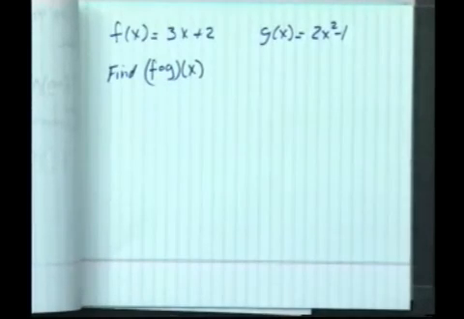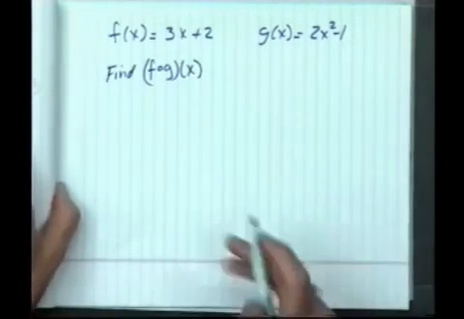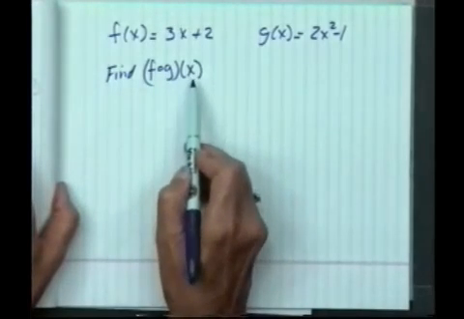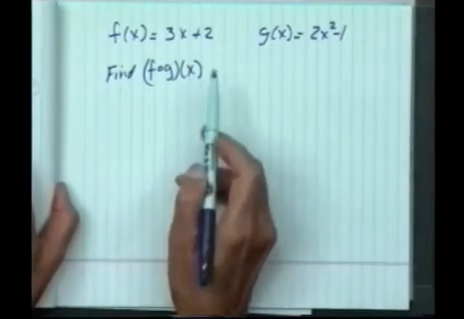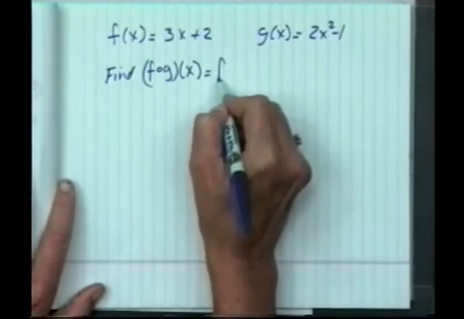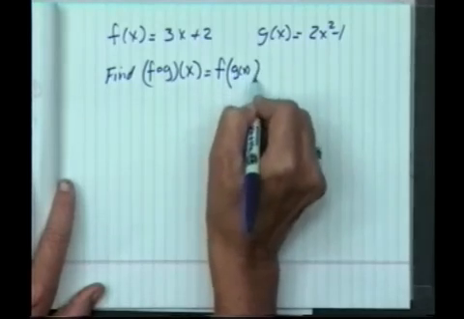We're combining those two functions to come up with the composition of f and g at x. All right, let's hear everybody say it. What does this say right here? Composition of f and g at x. Y'all are good. All right, and that really means we're going to evaluate f at g of x.